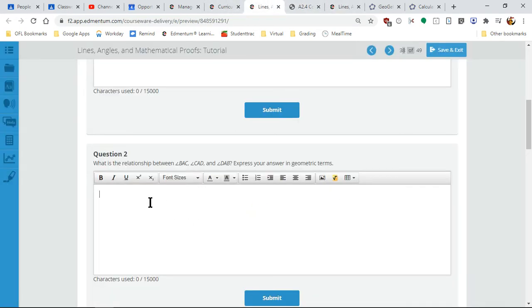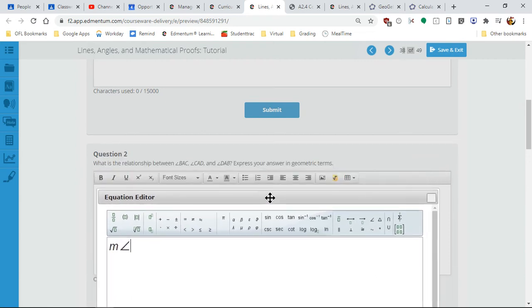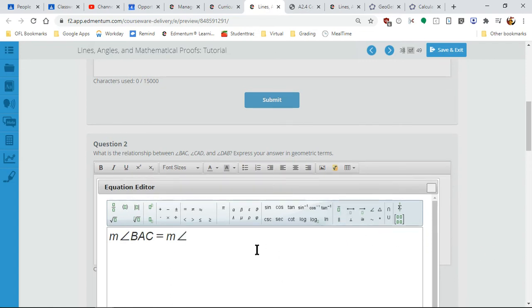So when we're writing this down, we would write something down like M, equation editor. M, measurement of angle, where's the angle symbol? There's measurement of angle BAC equals the measurement of angle C, which is equal to half.